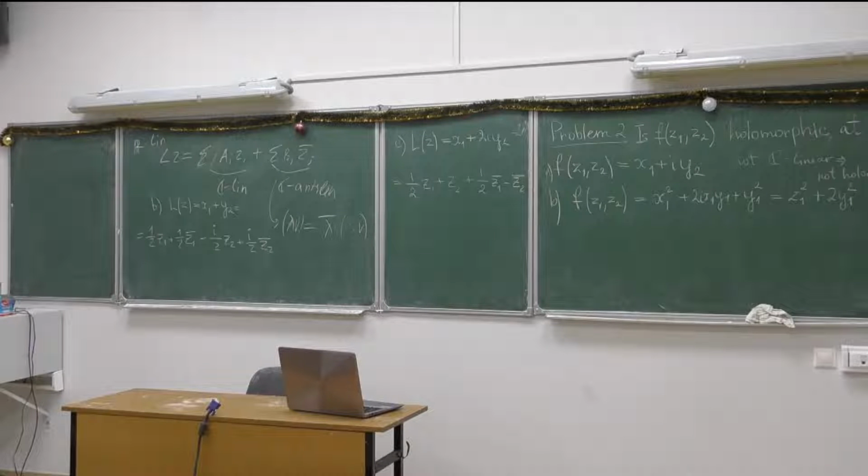Can I say that f is holomorphic if and only if 2y1 squared is holomorphic? Yes, you can do this because z1 squared is holomorphic. That's correct, because holomorphicity is preserved under arithmetic operations. Therefore, if a function is the sum of a holomorphic function with something else, it is holomorphic if and only if the something else is holomorphic. That leaves us with the function 2y1 squared.